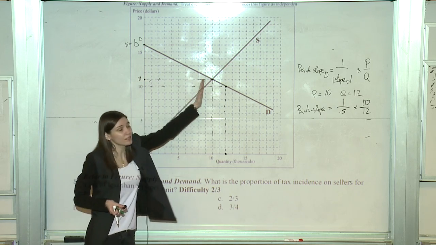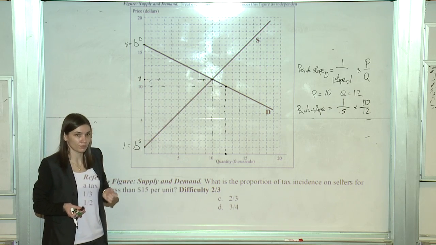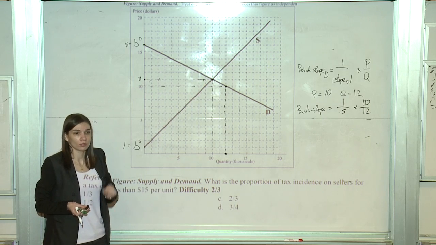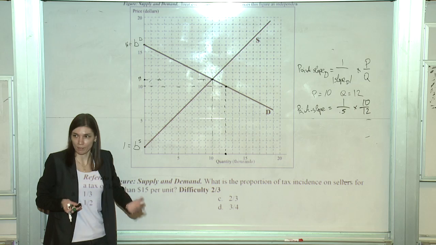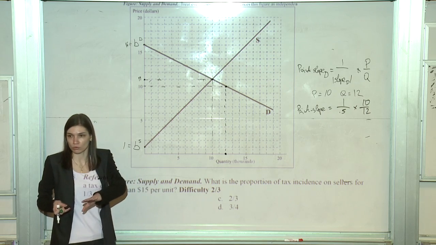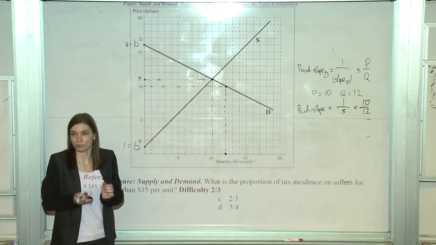But for anything less than 15, the proportion of tax that each of the buyers and the suppliers pay is constant. It does not depend on who actually ends up paying the tax, whether it's all imposed on buyers or all imposed on sellers. They're always going to share the burden with a certain proportion.